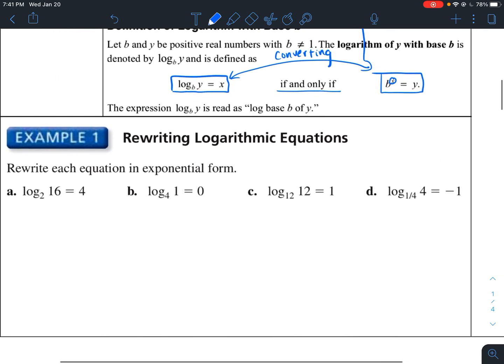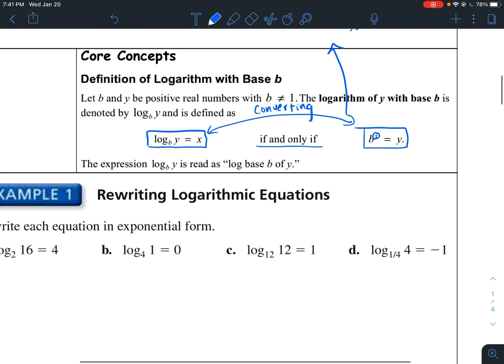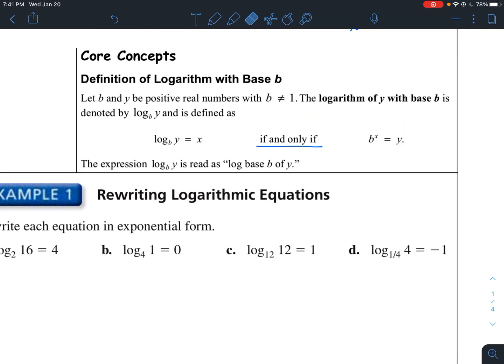So in this first example, we're going to rewrite equations into exponential form. So right here, this is exponential form. Right here, this is logarithmic form.